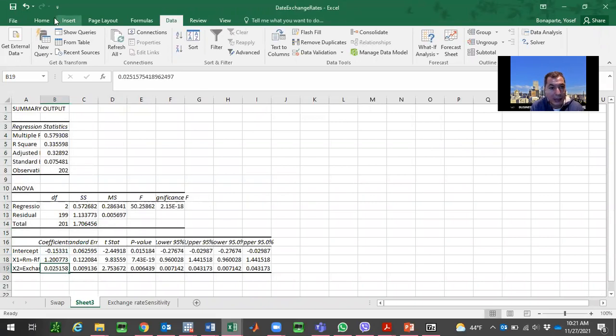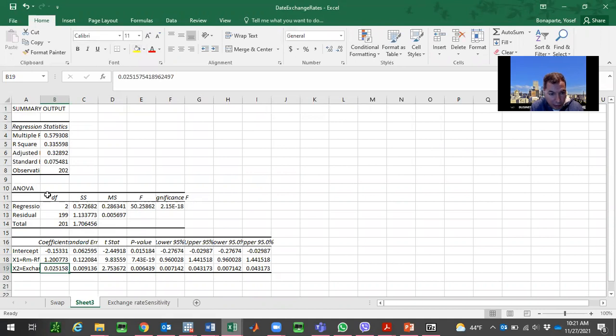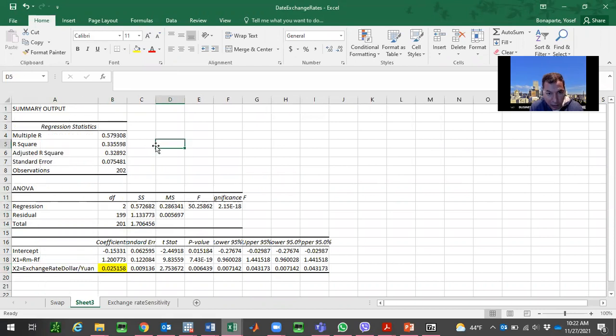Wow. Look at this one. So this is our theta. That's our theta. First of all, this R square reflects the model fitness. Does this model, does Apple return get nicely predicted by market return and exchange rate? The answer is yes.